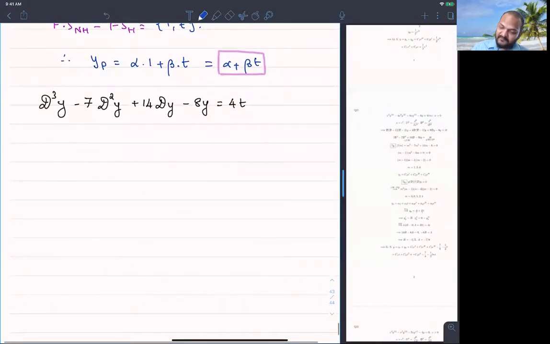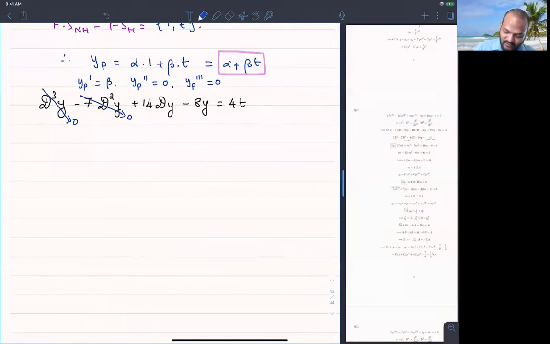To do that, by the way, let me find the yp prime. Yp prime is equal to simply beta. Yp double prime would be 0, and yp triple prime is also going to be 0. And so therefore, this is not going to contribute anything, that's going to be 0, and this is also not going to contribute anything.